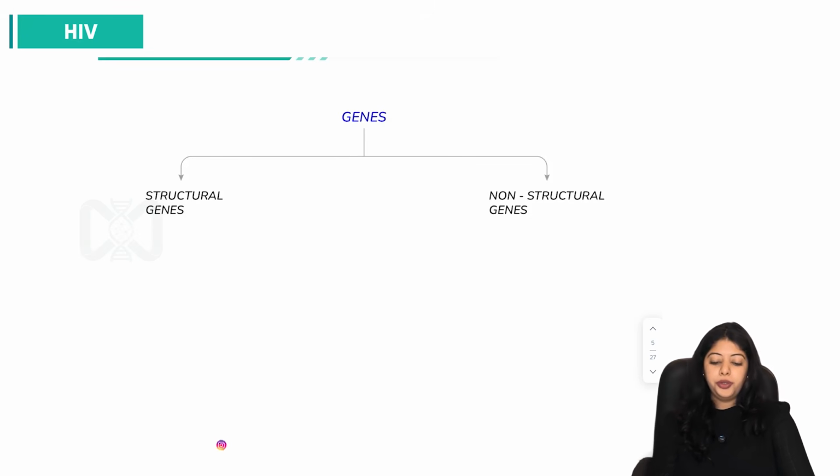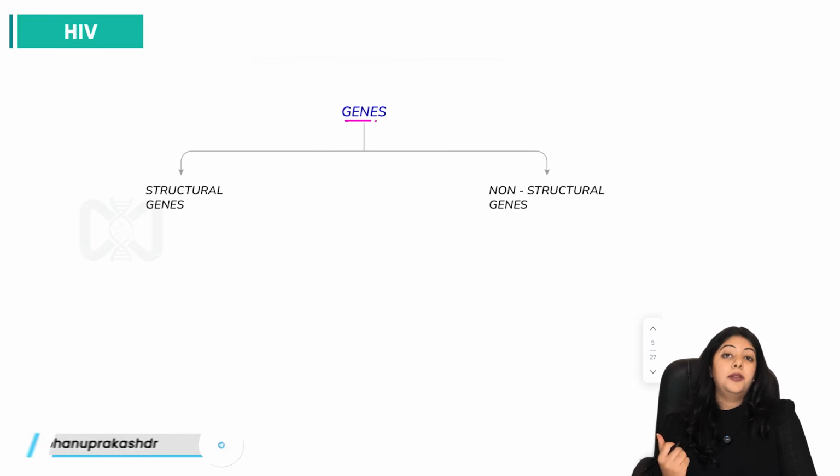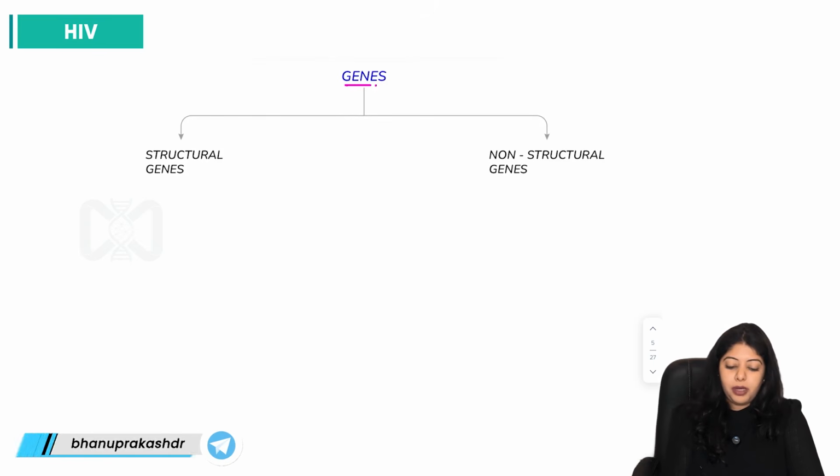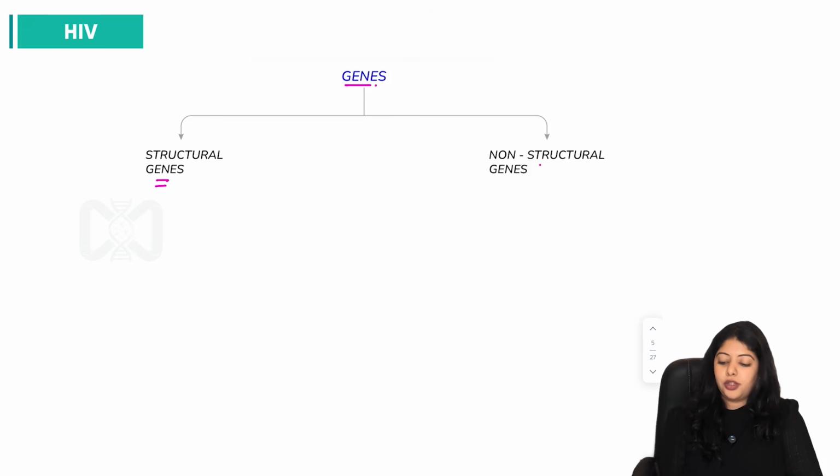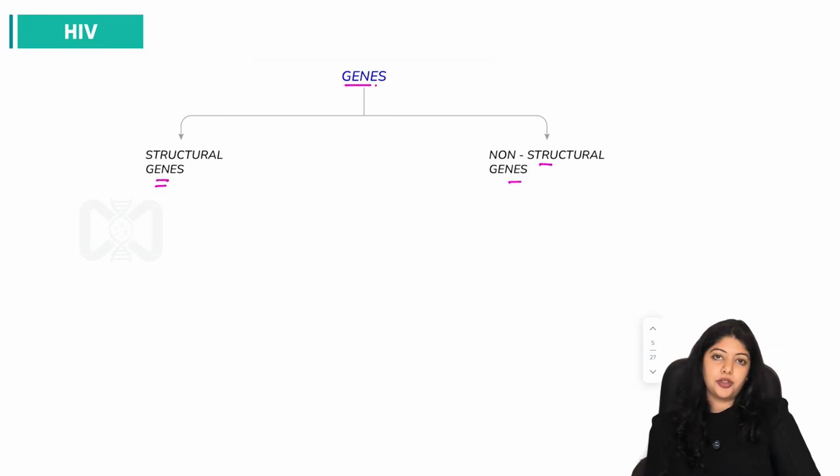Now moving on to the different genes which are associated with the pathogenesis, and they are also helpful in the diagnosis of HIV virus. So let us talk firstly about the structural genes and the non-structural genes.